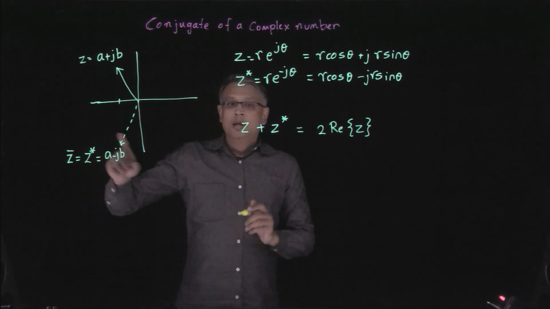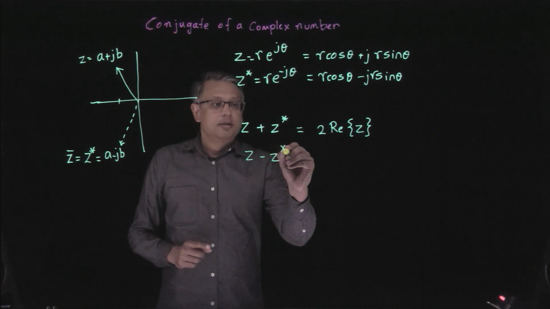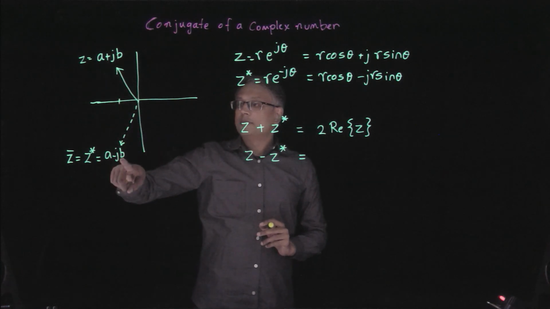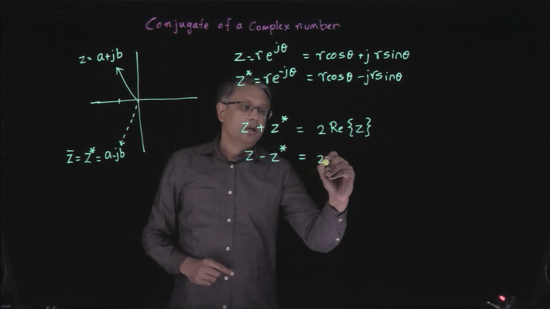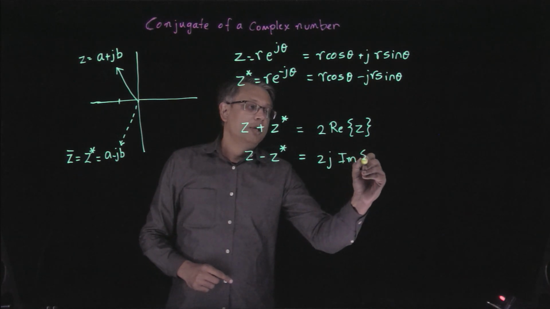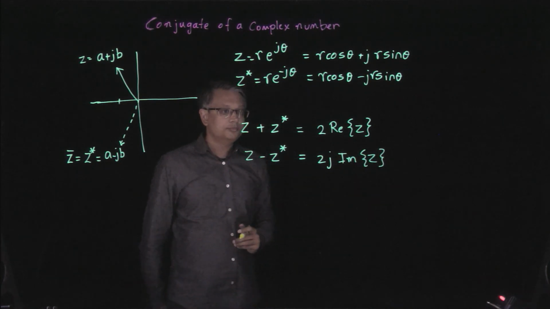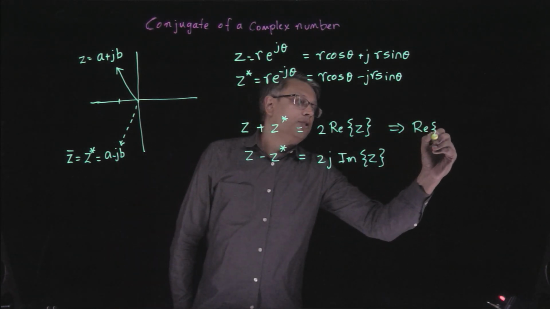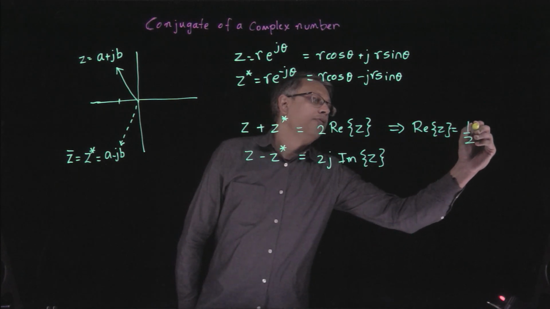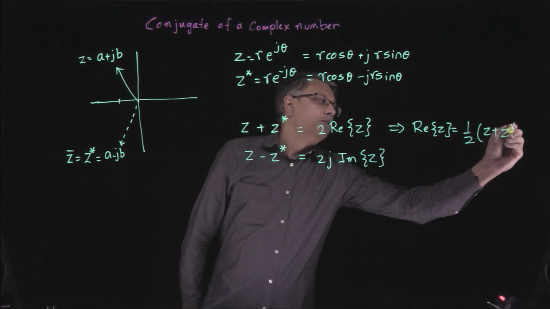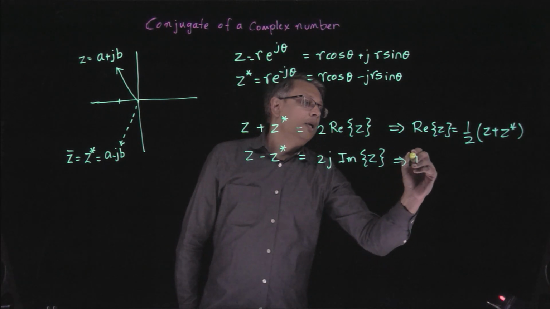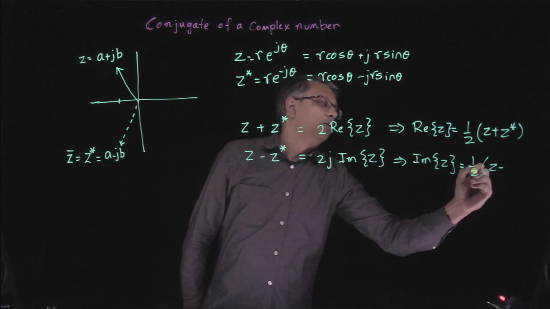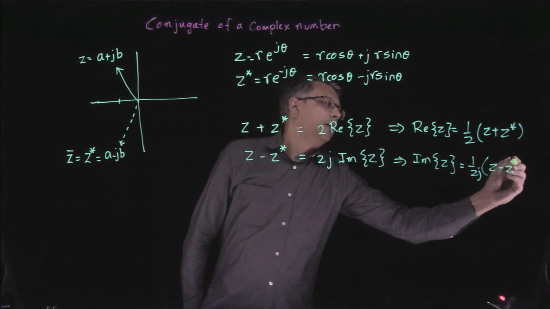In the same way, if we subtract z conjugate from z, we're going to get 2 times j times b, or equivalently 2 times j times the imaginary part of z. Or equivalently, we can say that the real part of z is given by 1/2 of z plus z conjugate, and the imaginary part of z is given by 1/2j times z minus z conjugate.